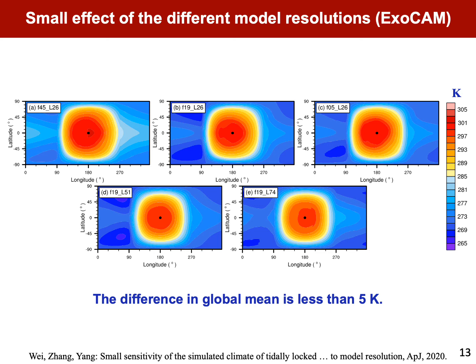When we increase the horizontal resolution or the vertical resolution of the model, we find that the change of global mean surface temperature is less than 5 Kelvin. So we can see that horizontal or vertical resolution is not the key part of the difference between the models.